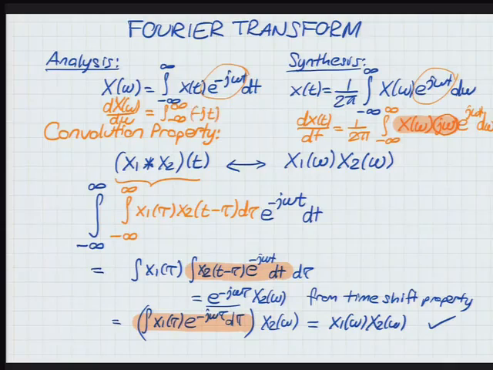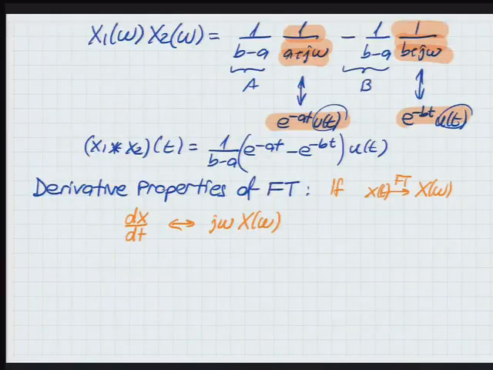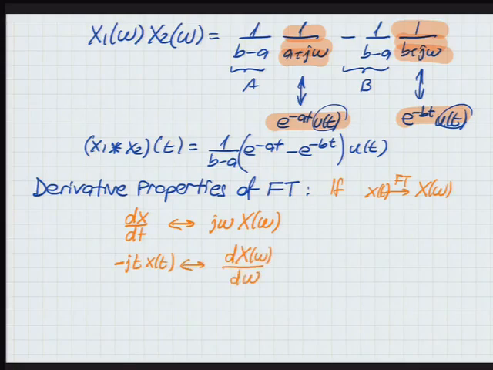I'm taking the derivative with respect to omega, so t is just the coefficient, right? x(t) e to the negative j omega t dt. So this again looks like the analysis equation for a modified signal, negative jt times x(t). So from this we conclude that negative jt x(t) will have the Fourier transform dX(omega)/d omega. Right? So fairly easy to obtain.